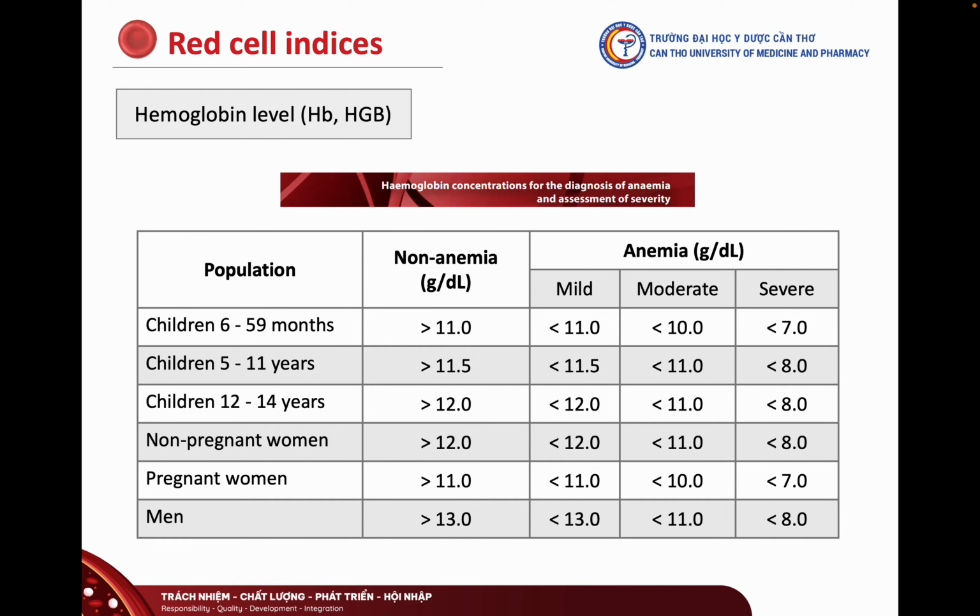But for this course, it is not part of the core learning objectives, so you don't have to study this table. However, when you are on clinical rotation, I would like you to use this table to assess the severity of the anemia.